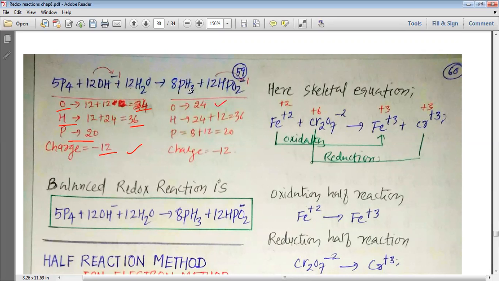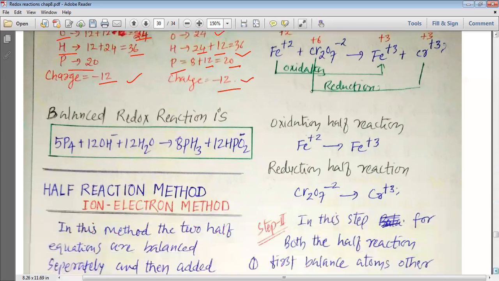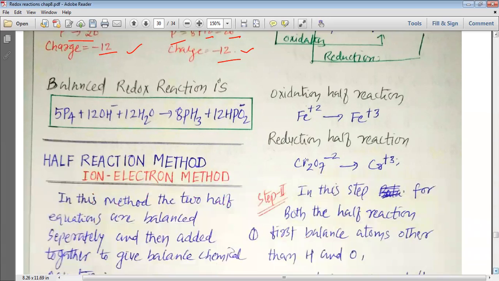The number of hydrogen, 8 3s are 24 plus 12 1s are 12, total 36. Phosphorus, 8 phosphorus plus 12 phosphorus, so total 20 phosphorus, and charge is minus 1 multiplied by 12, so it is minus 12. So now we confirm that we have completely balanced the equation, because even the charges are equal on both sides, and then we can write the complete balanced equation, my dear students.